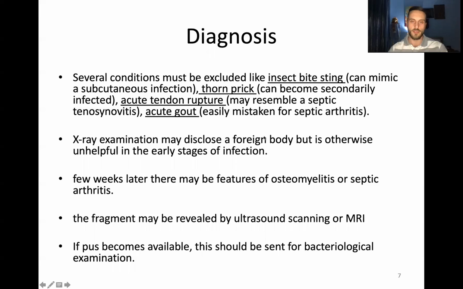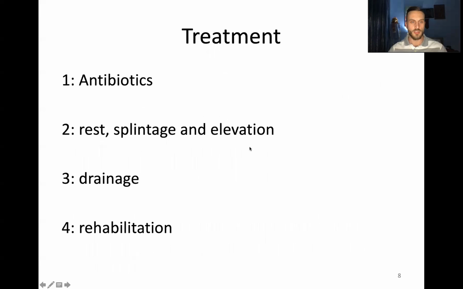For example, if one had a gunshot, you can see the bullet or foreign bodies inside the limb, which may precede infection. The problem is that after a few weeks it might go into the bone and cause osteomyelitis, or if it's in the intra-articular space, it will be septic arthritis. So you have to have this information prior to treating the patient.